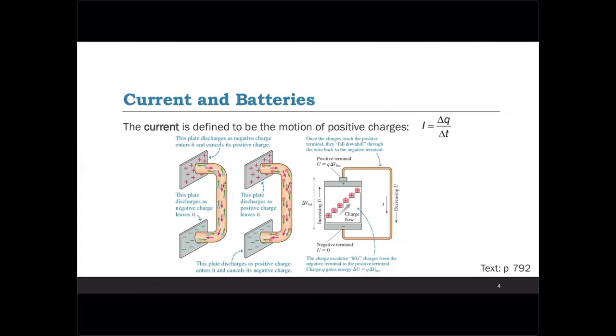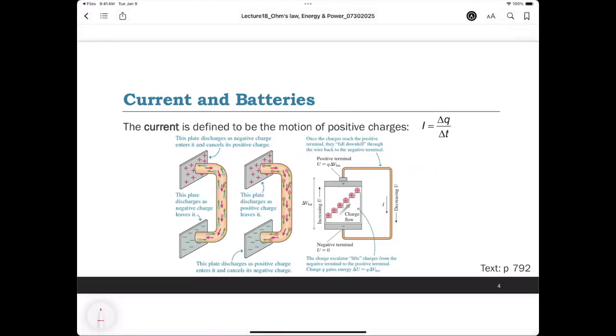We know the current is defined as the motion of positive charges. Actually, the current is the motion of charges. Usually, the charge is the negative charge, like electron, because the atom is fixed, and the electrons are free to move.